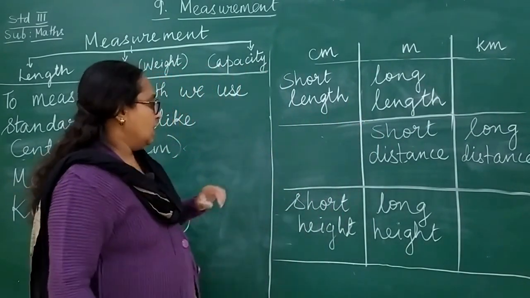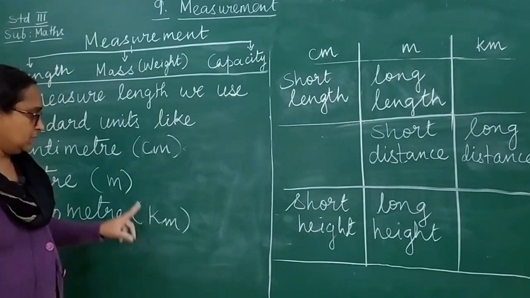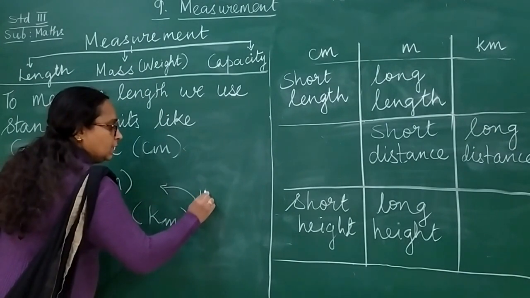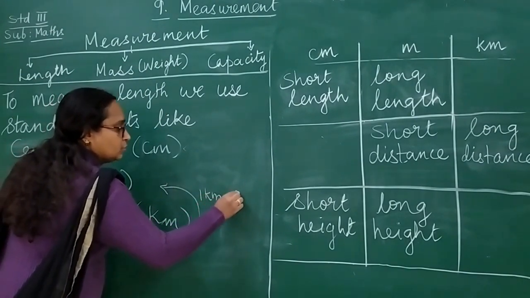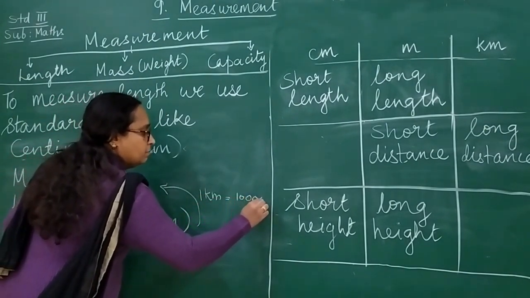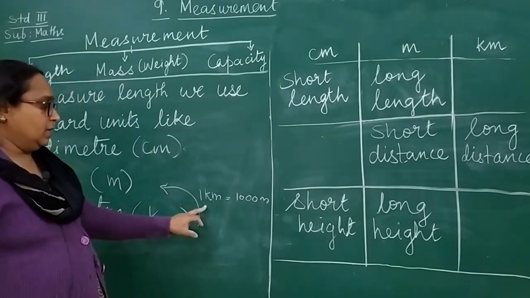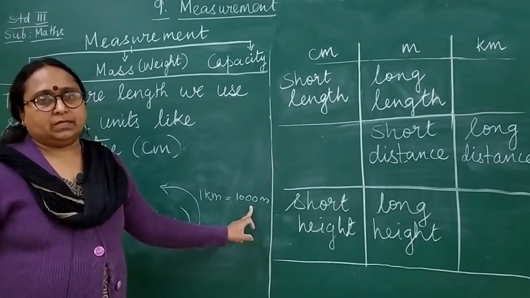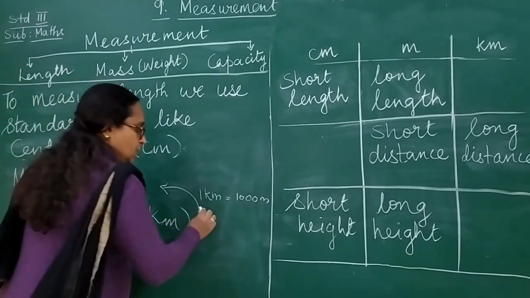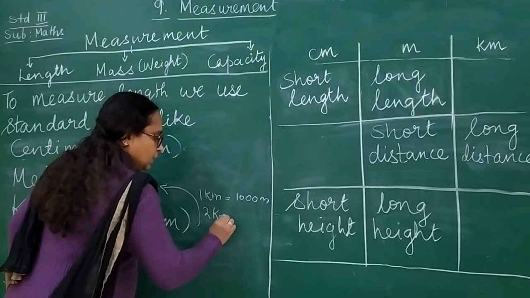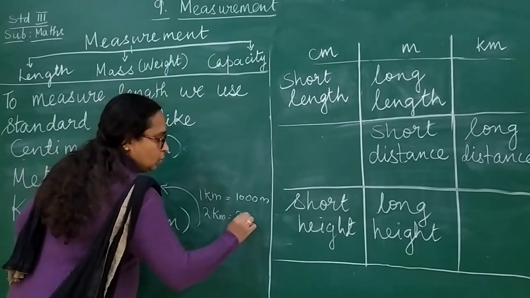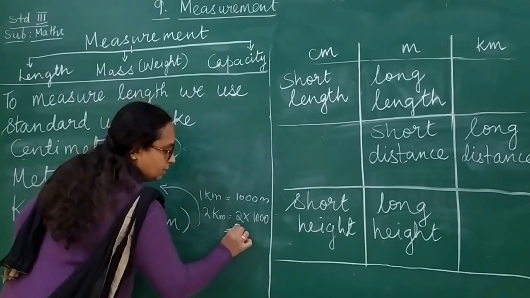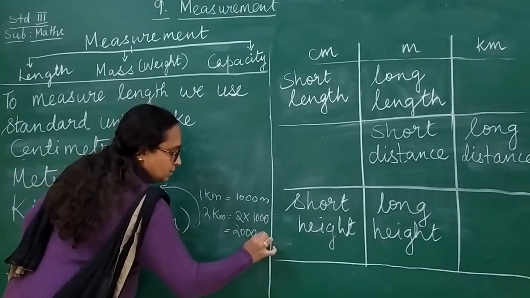Now we will see the conversion, how kilometer is converted to meter. You see 1 kilometer is equal to 1000 meter, right? So when converting kilometer to meter, 1 kilometer is equal to 1000 meter. For example, you want to convert 2 kilometer, then you will write 2 into 1000, and you will get 2000 meter.